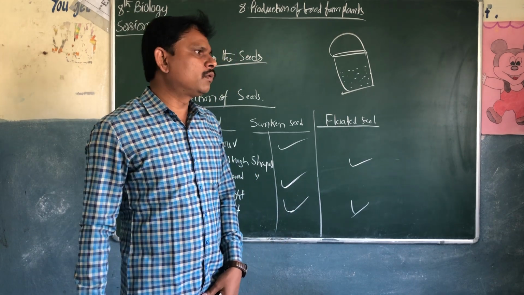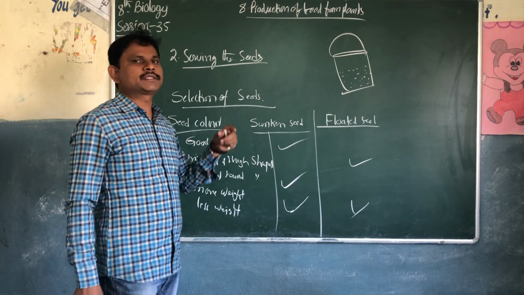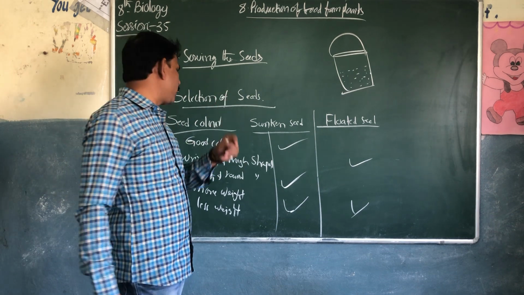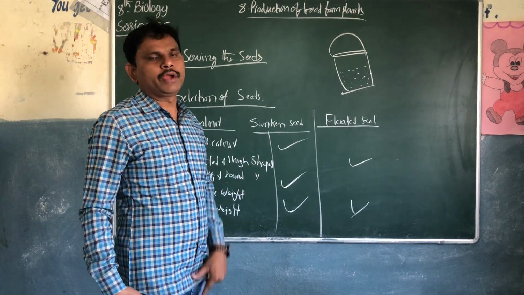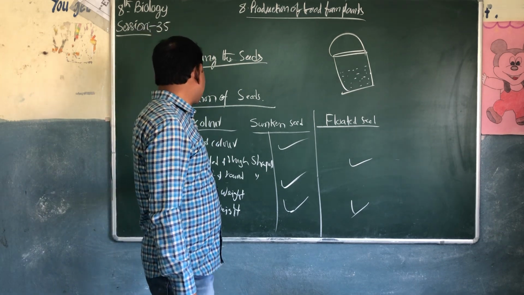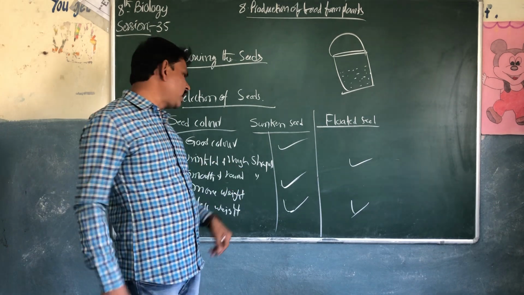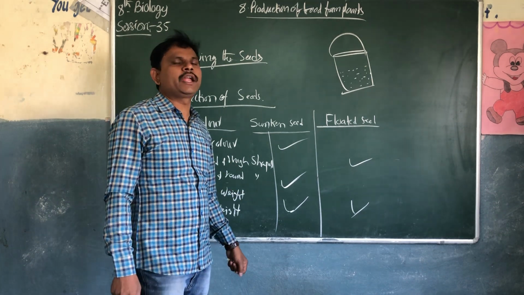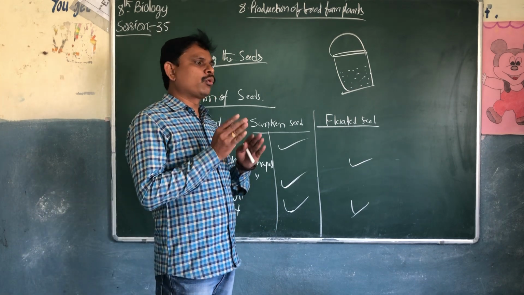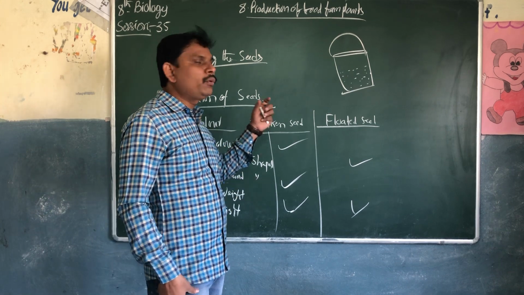The sunken seeds have good color, are smooth and round, and have more weight. The floated seeds are not good color, they are wrinkled, rough shaped, less weight, and less quality. We can separate quality seeds and less quality seeds by doing this experiment.